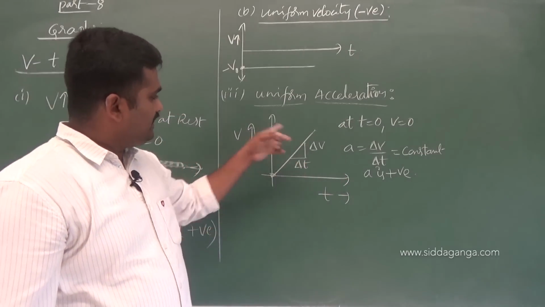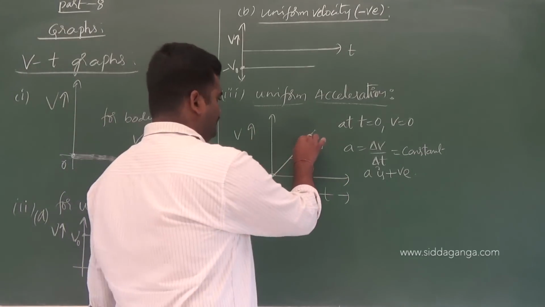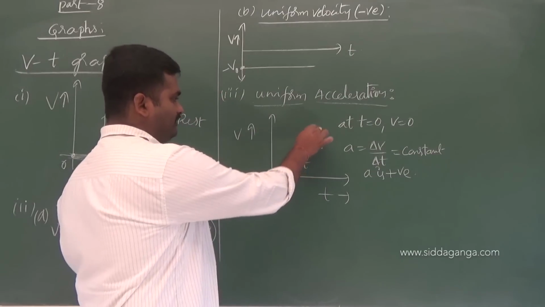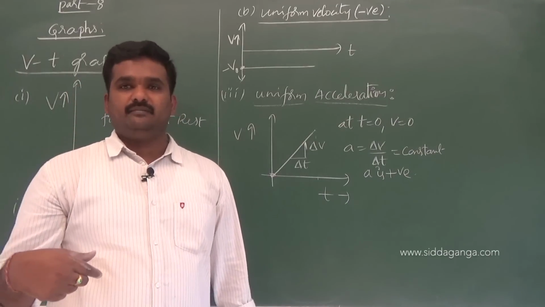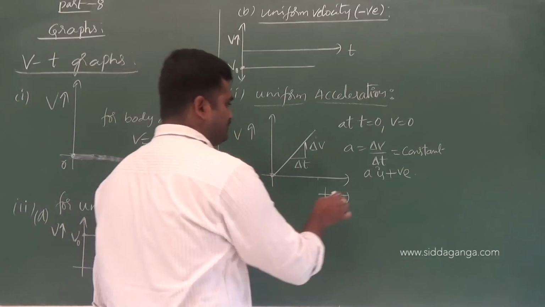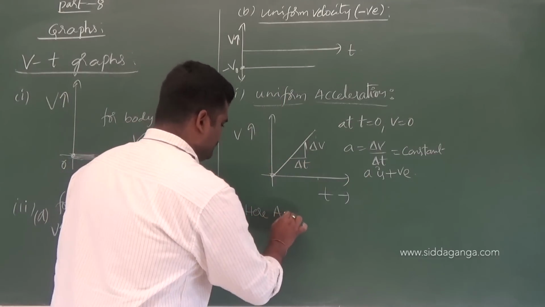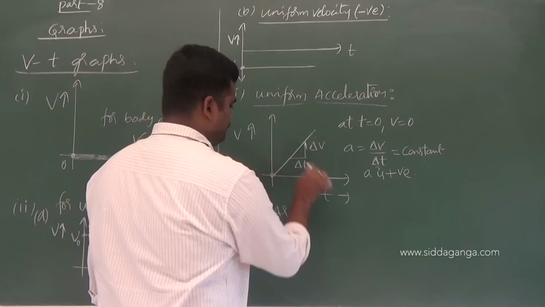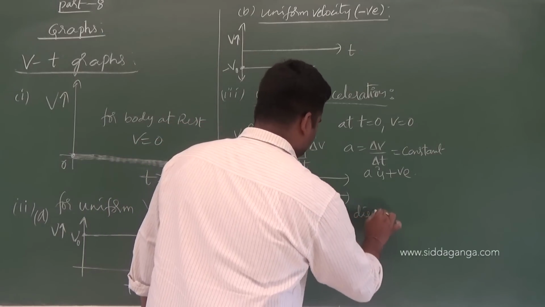So what does the area under this graph give? Area under this graph, delta V into delta T. Velocity is displacement by time, so velocity into time is nothing but displacement. So area gives displacement. Remember this: area under the VT graph gives displacement.